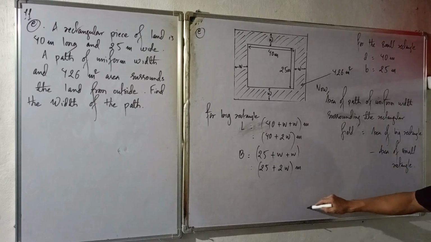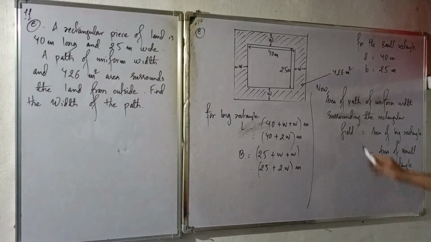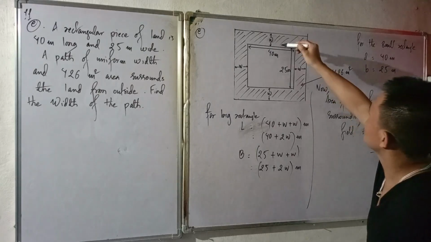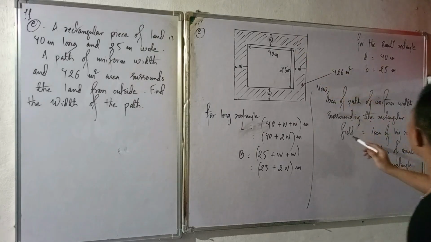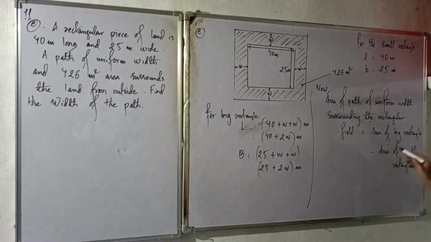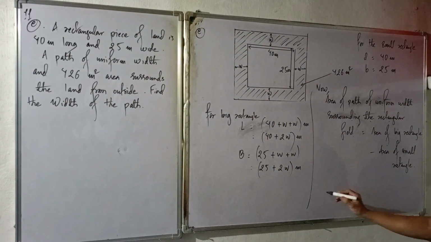So the area of the path of uniform width surrounding the rectangular field, that is this shaded part, is given by the area of the big rectangle minus the area of the small rectangle.